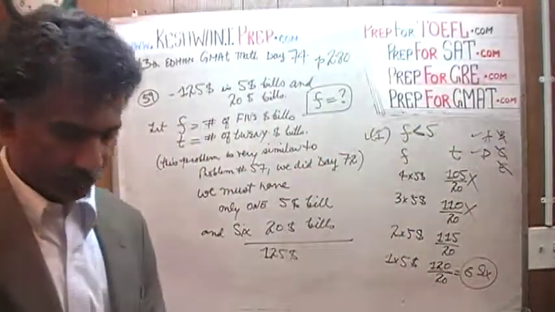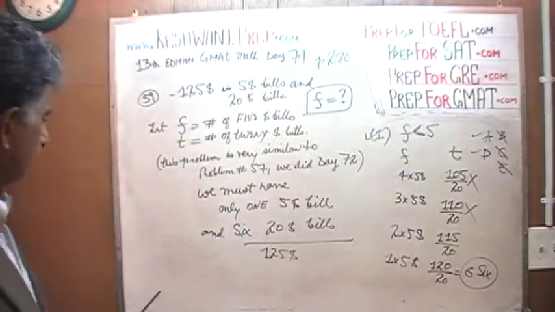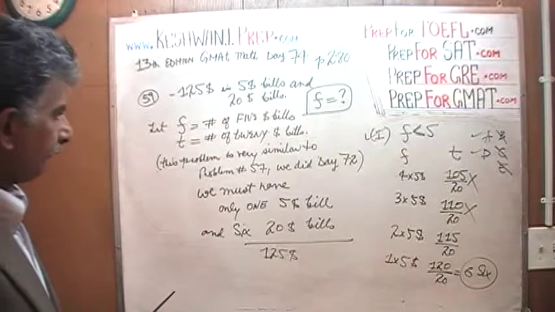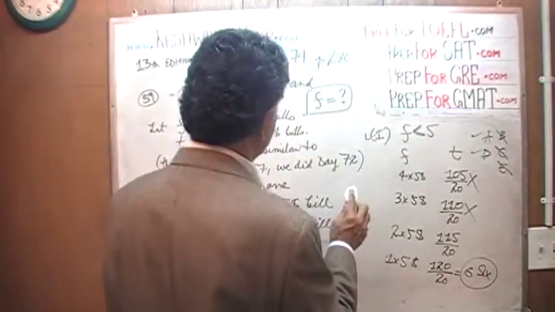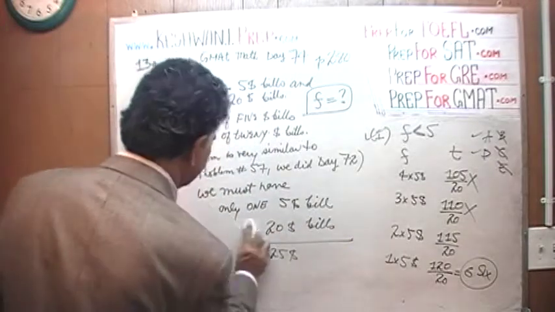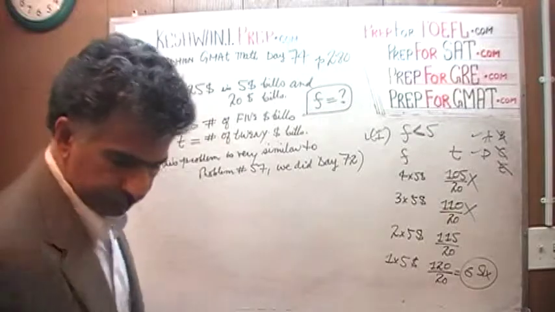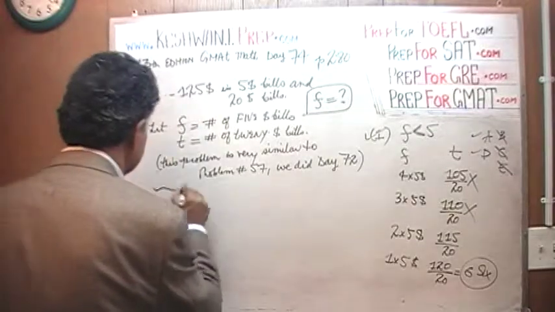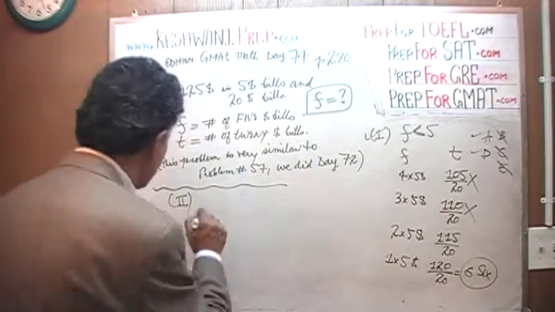Let's look at the second statement, shall we? Where can we do the second statement without erasing anything? Let's do the second statement at the bottom here. The second statement says that T is more than 5.